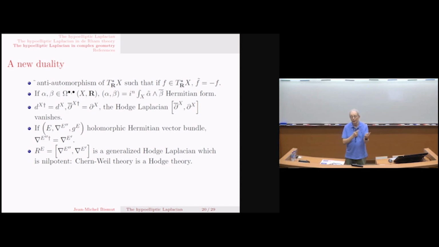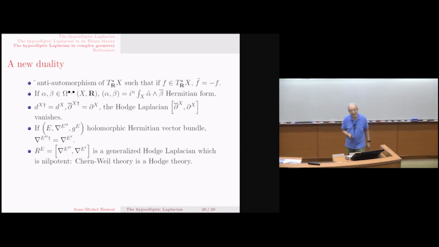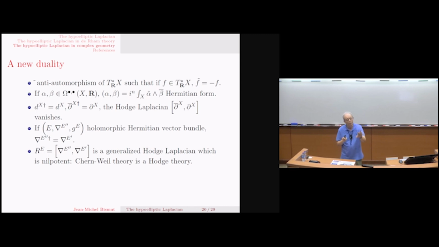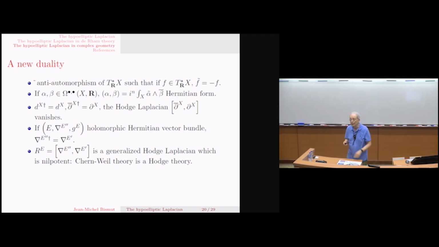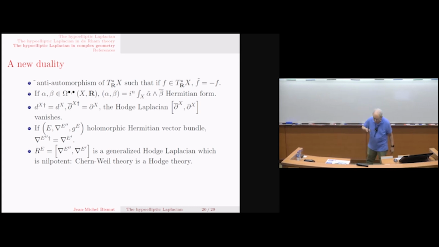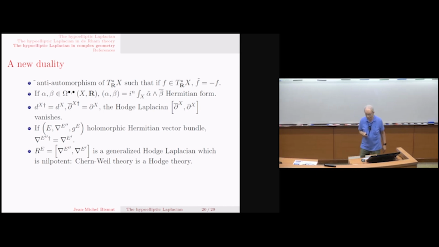It's the anti-commutator of nabla E second with its adjoint, and actually this operator is nilpotent, because of the form degree. If you take the curvature and multiply it many times by itself, you get 0. So in some sense, Chern-Weil theory is a sort of bizarre Hodge theory in which the Laplacian becomes nilpotent.